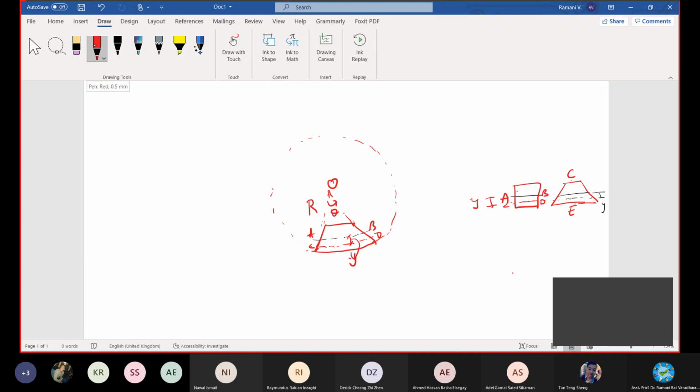Choose any one layer at a distance y, below or above you can take, right? Both are deformed sections. Here also deformed, above also deformed, bottom also deformed. Let's choose CD as a section below AB, or below the neutral axis, at distance y. Okay, with that you will know how much is the deformation.